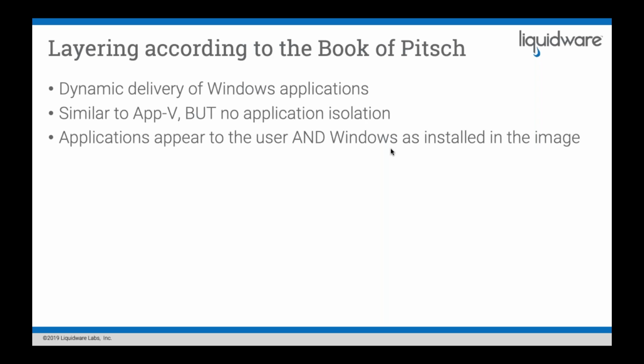Windows doesn't know that it's being delivered any differently than just being pushed down as part of the image, which makes life easier for everybody. Like Rory said, the fast turnaround, because you're not having to poke holes in the virtual bubble to get intercommunication with other applications going, things like that.